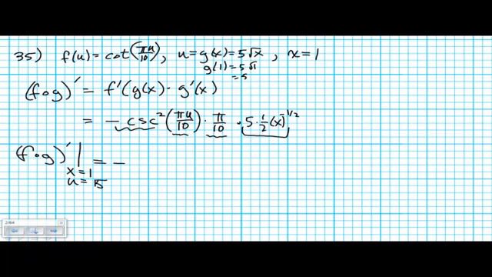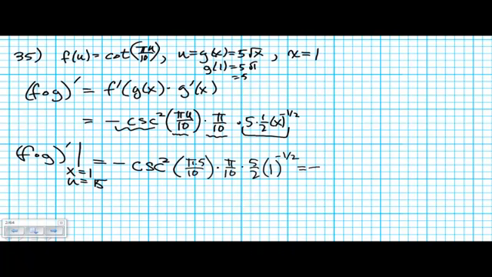So what do we get? Negative cosecant squared of pi times 5 over 10 times pi over 10 times 5/2 times 1 to the negative 1/2 power.